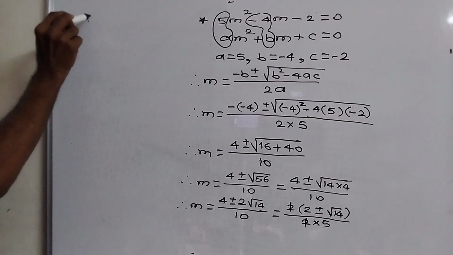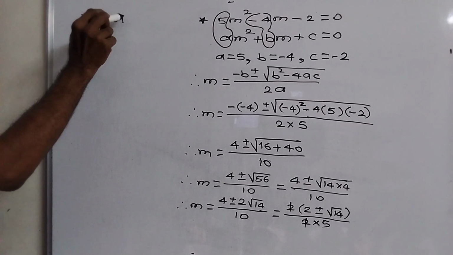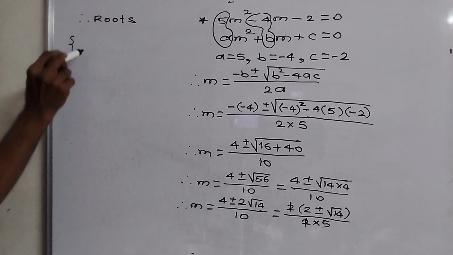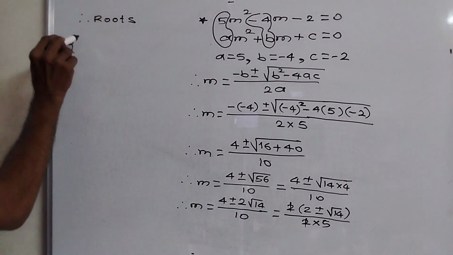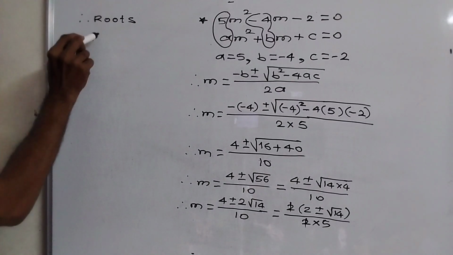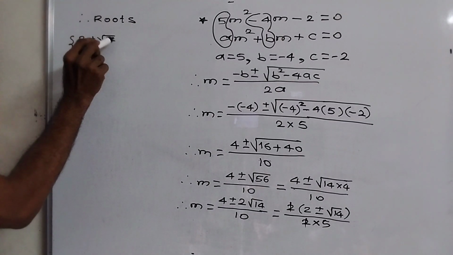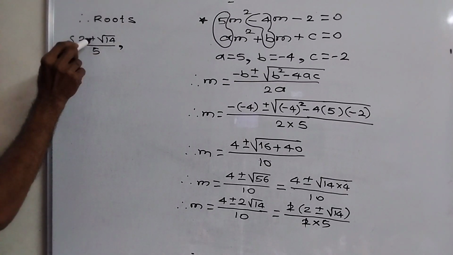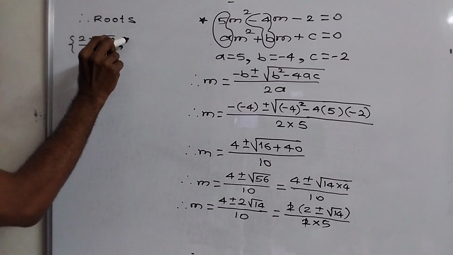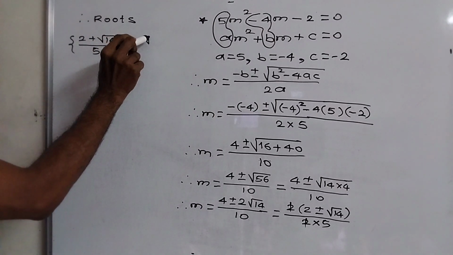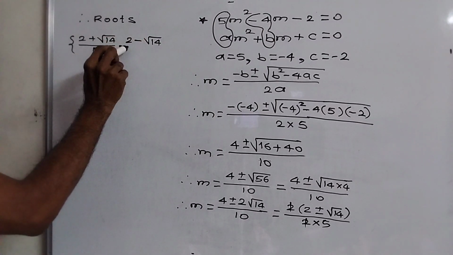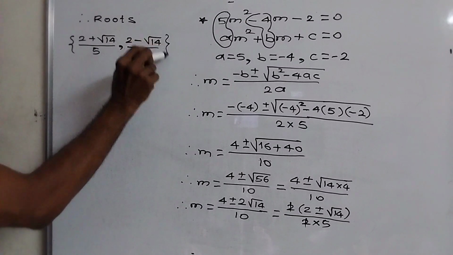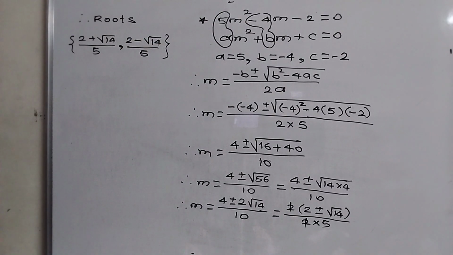Therefore the roots are: first we take 2 plus square root of 14 upon 5, and secondly 2 minus square root of 14 upon 5. These are our two roots.